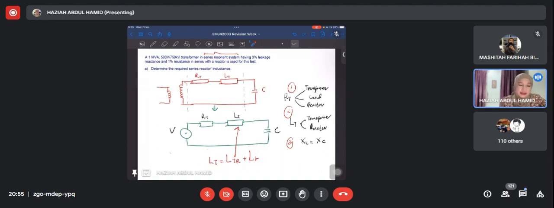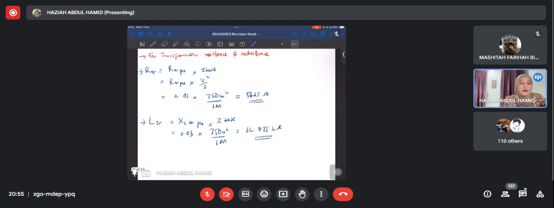During resonant condition, LT is the same as C here in reactive component. So XLT equals XC here. So we only have to find this one, LR, right?